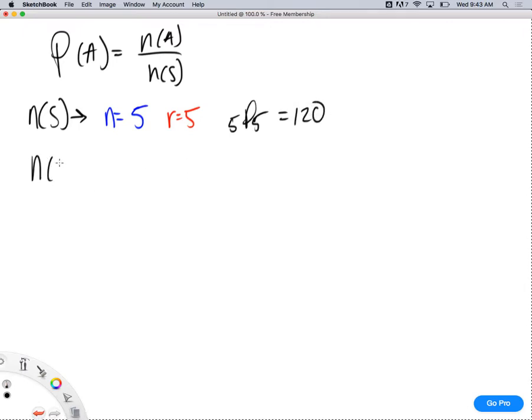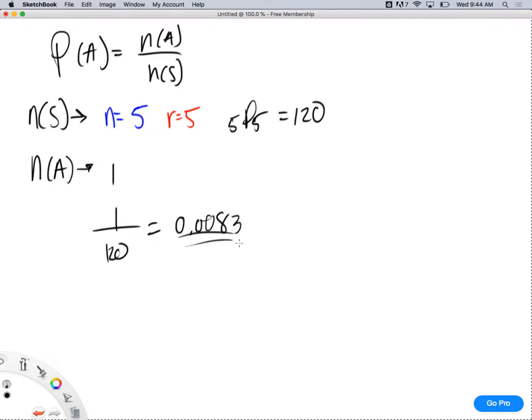What was N(A)? What was I interested in? There was only one possible order, so the probability was 1 over 120, which is 0.0083. That's an example of a permutation.